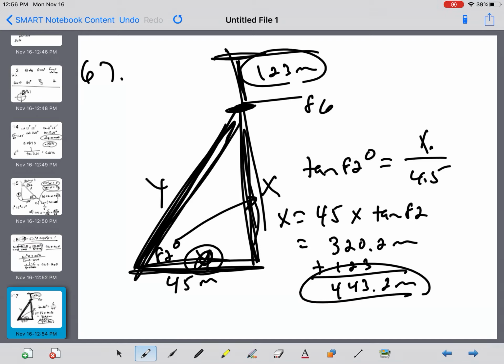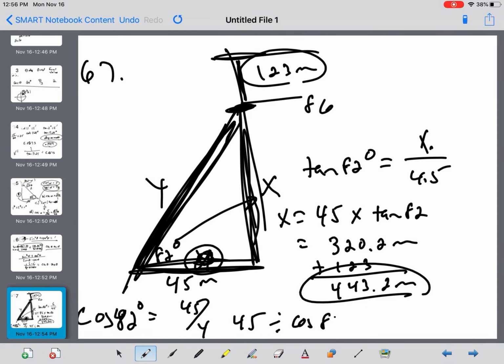This is y. So cosine 82 degrees equals 45 over y. So 45 divided by the cosine of 82 is going to be y, and that turns out to be 323.3 meters. So those are your two answers right there for number 67.